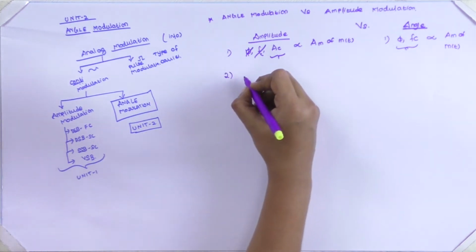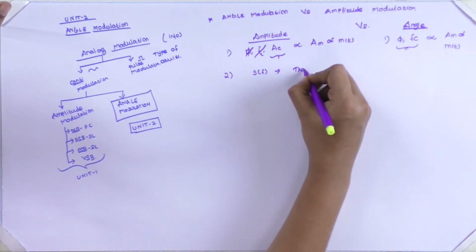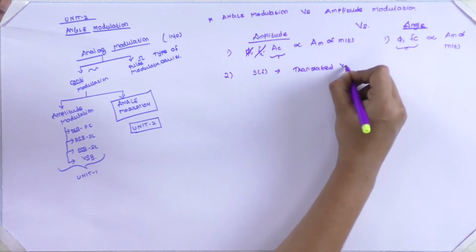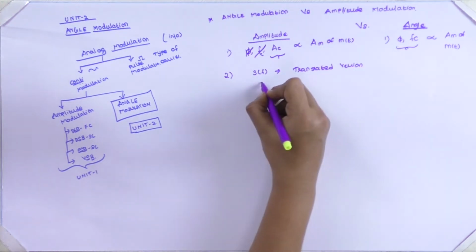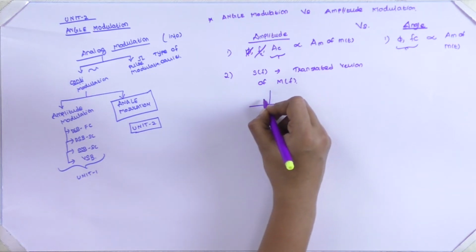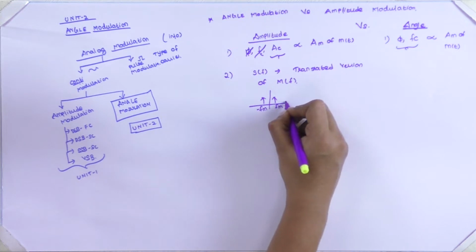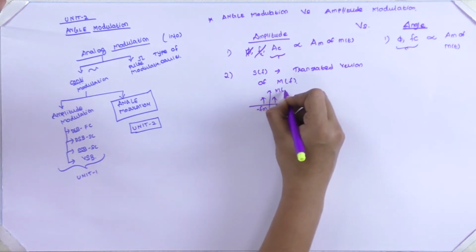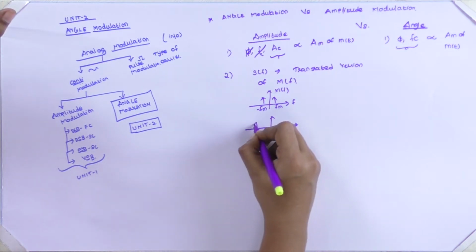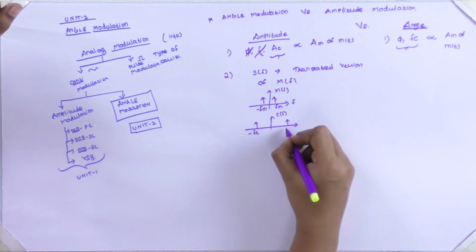Second, in amplitude modulation our modulated signal S of f is always a translated version of M of f, the translated version of our message spectrum. We have seen, if this is our message spectrum from minus fm to fm in terms of single tone modulation, this is our M of f, and this is the carrier signal C of f at fc.